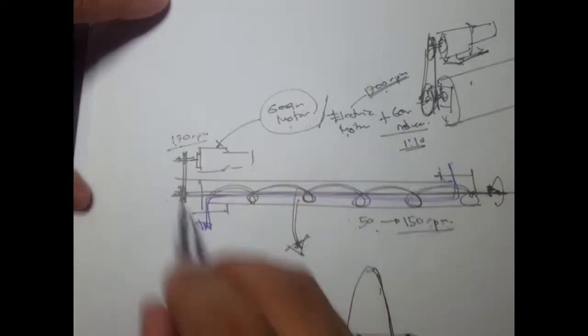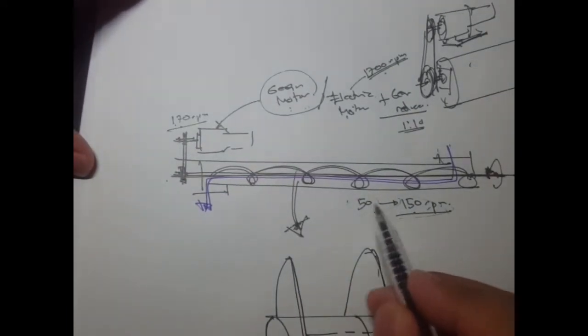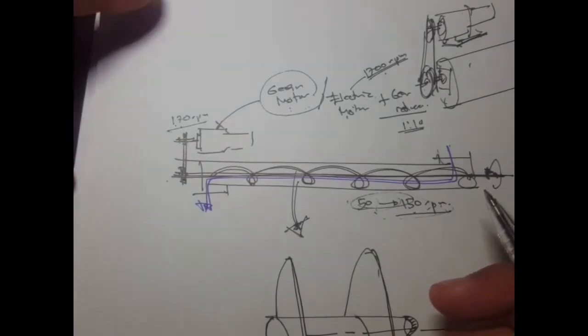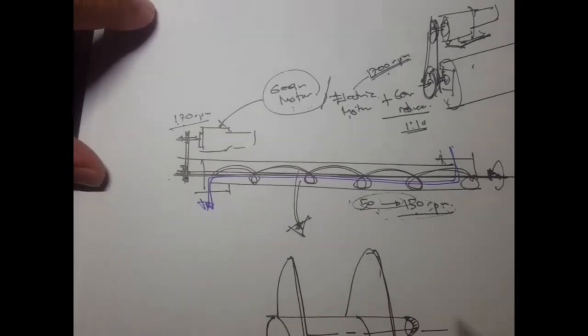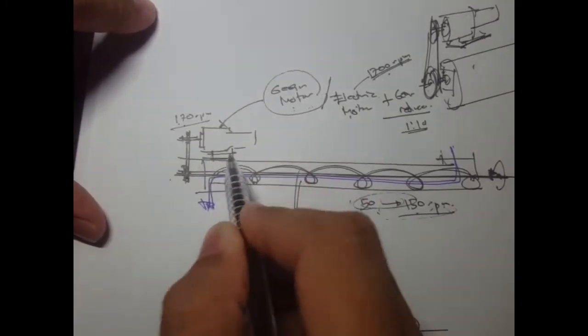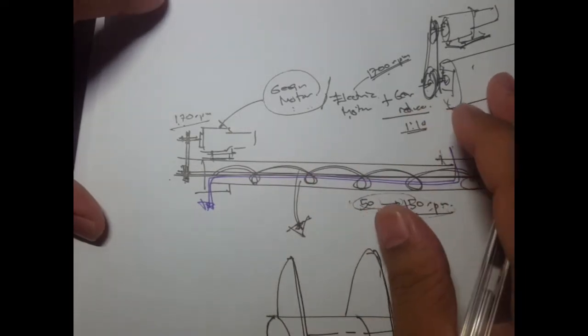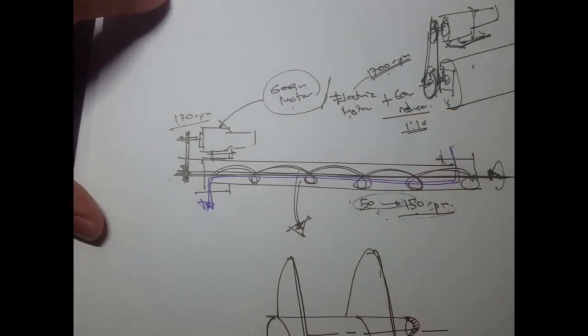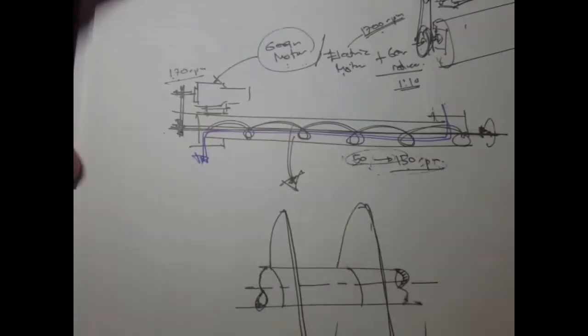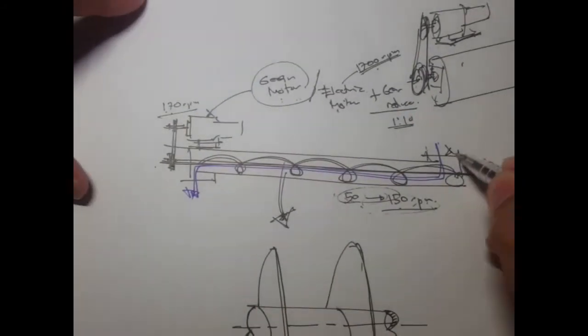So from this value to this value, you can then provide the pulley combination or sprocket combination. Okay, so that's the construction of the drive systems.